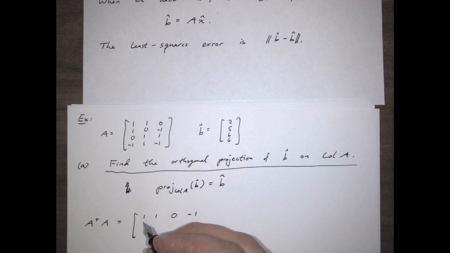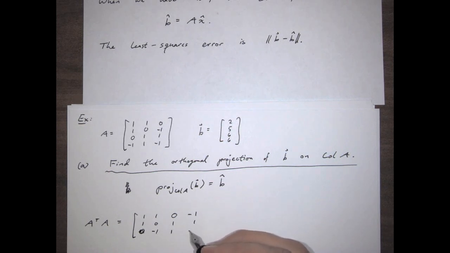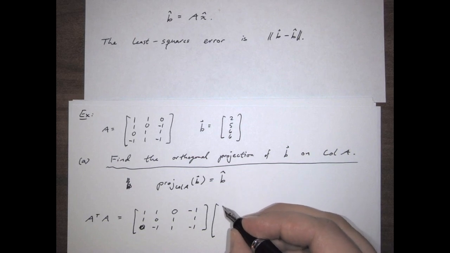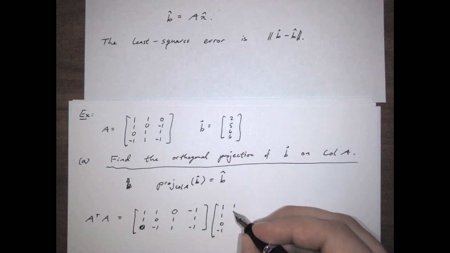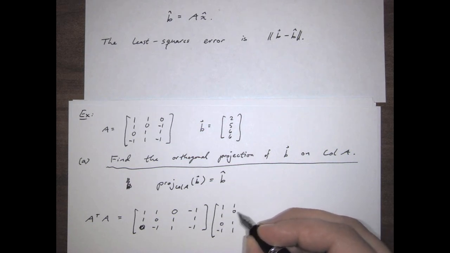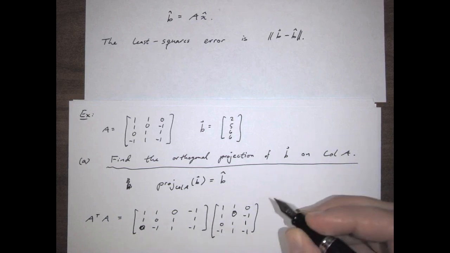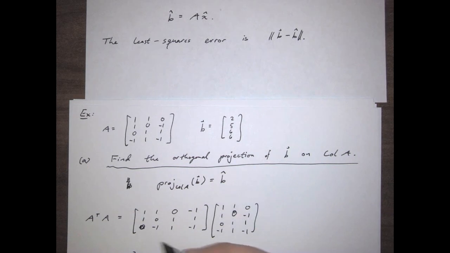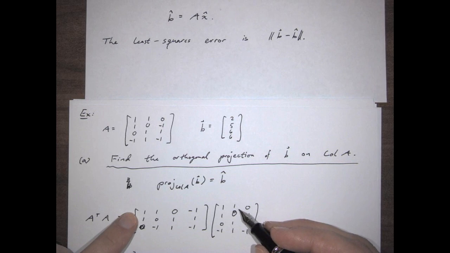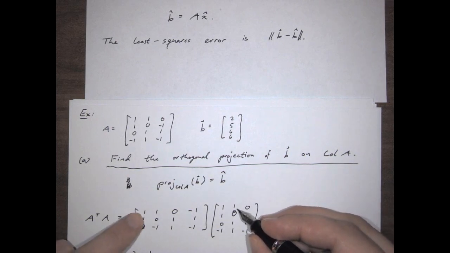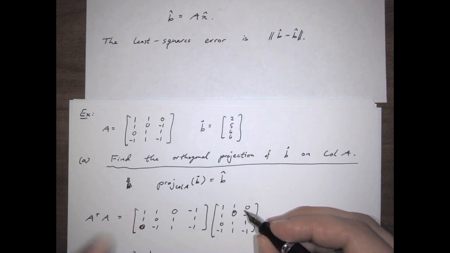So A transpose A is 1, 0, 1, 1, negative 1, 0, negative 1, 1, negative 1, times 1, 1, 0, negative 1, 1, 0, 1, 1, and then 0, negative 1, 1, negative 1, which is going to equal 3, then 0, 3, 0.